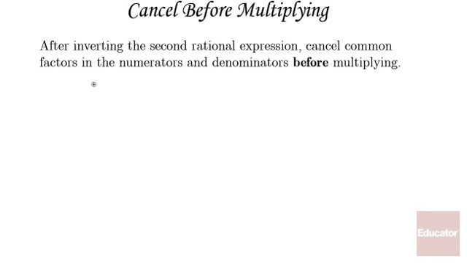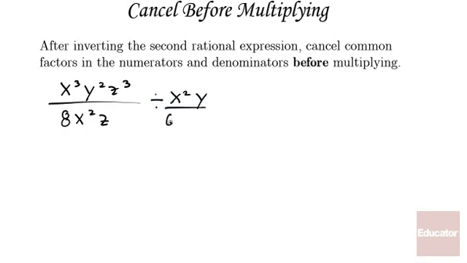An example: if you had something like x cubed y squared z cubed over 8x squared z, and you were asked to divide that by x squared y over 6x y squared z squared, the first thing you need to do is invert.